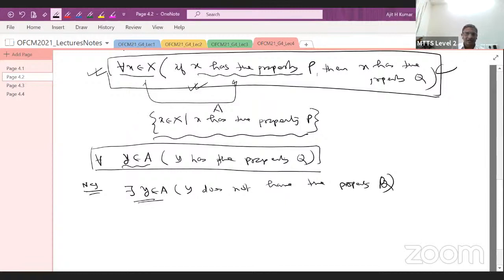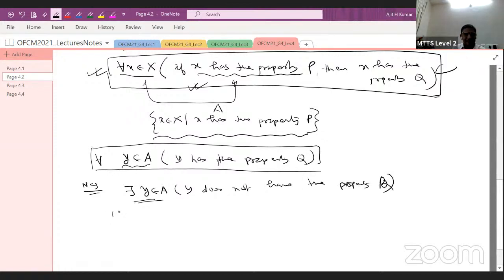Instead of y, you can call it x. There exists an x in X such that x has the property P, but x does not have property Q. Right? That is the negation.